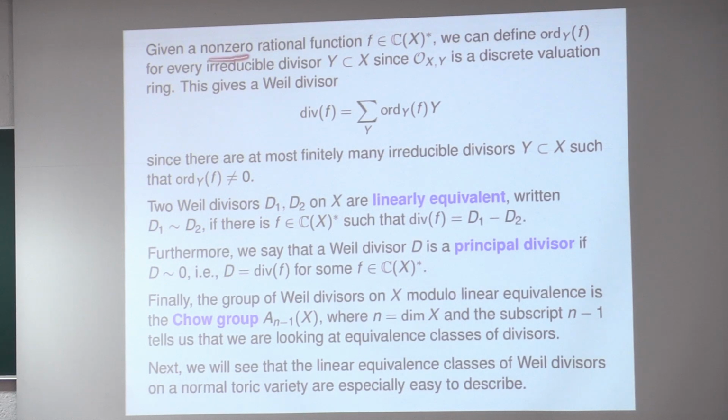Given a non-zero rational function, so you have a function that is a regular function on some non-empty open set of your variety, and is not the zero function.